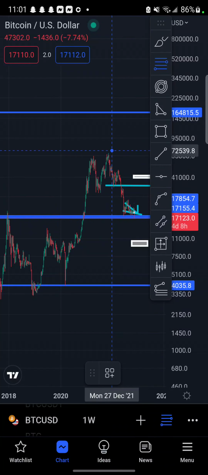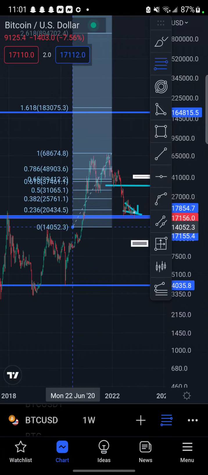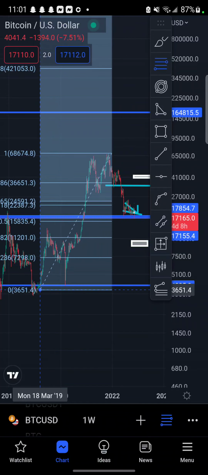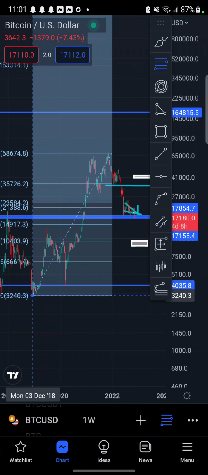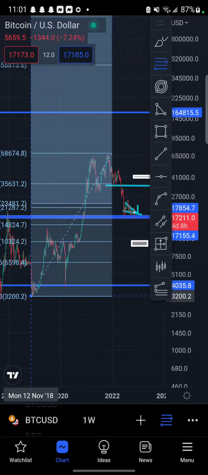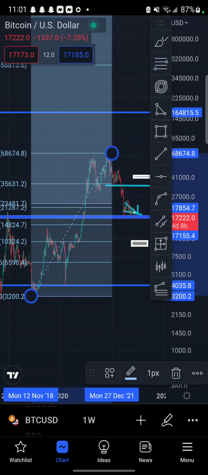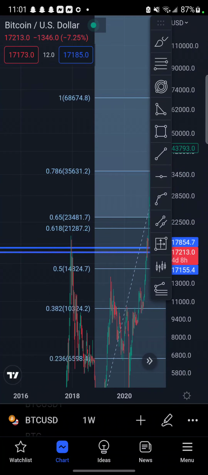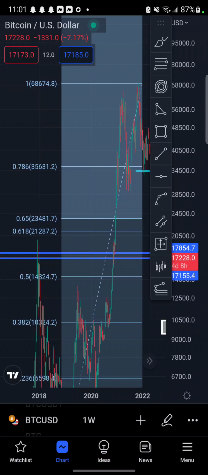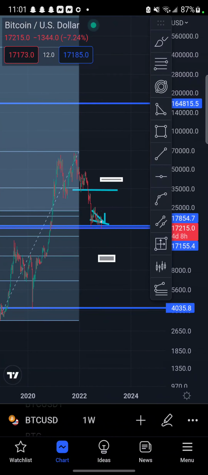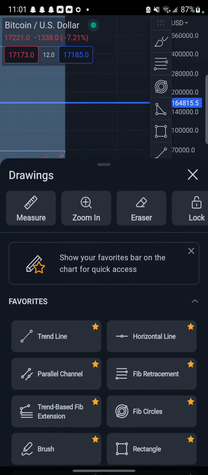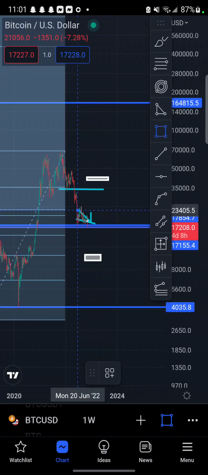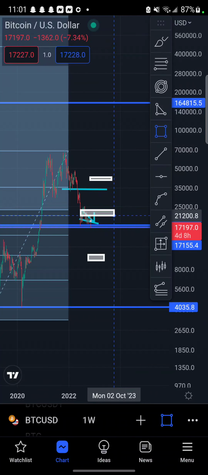So just say if we're more bullish than bearish, we take a Fibonacci from the highs now and drag that all the way to that low back in 2018, 2019, the $3,200 level. And now we look at the 0.618 fib. And this is saying $21,287. So now this is showing that we're technically supposed to be here.